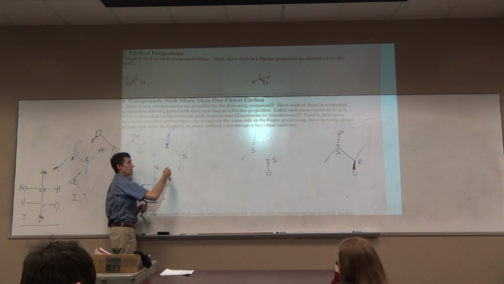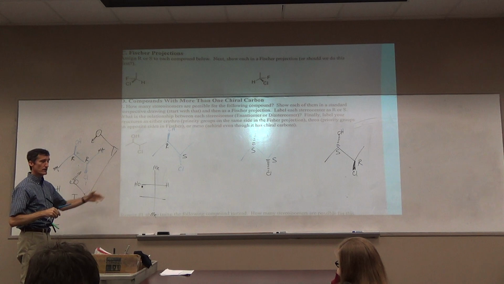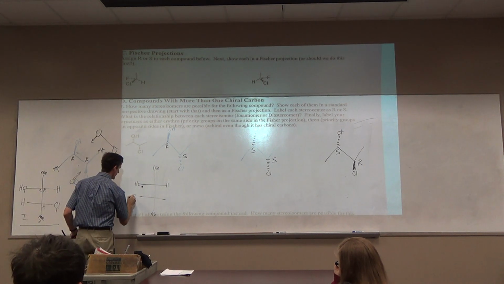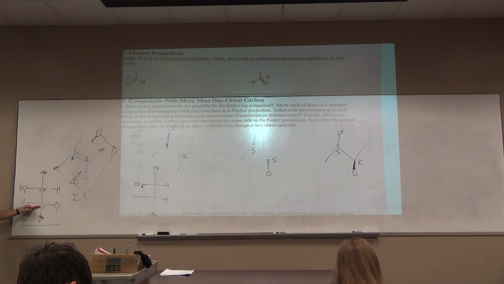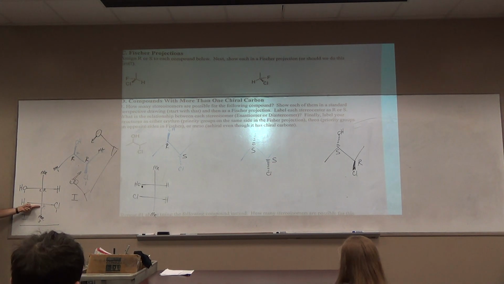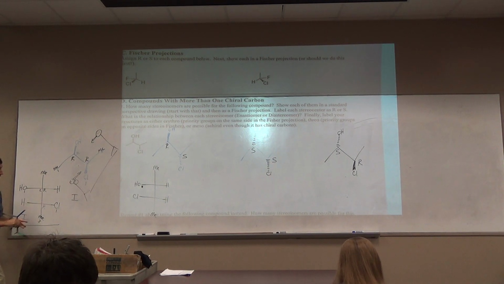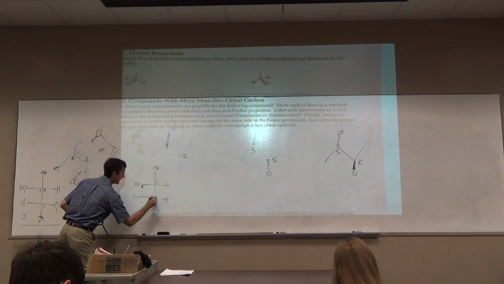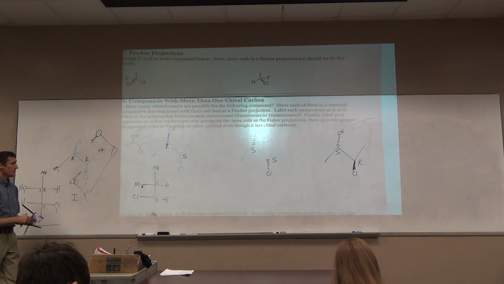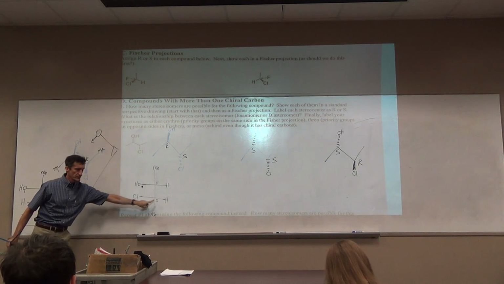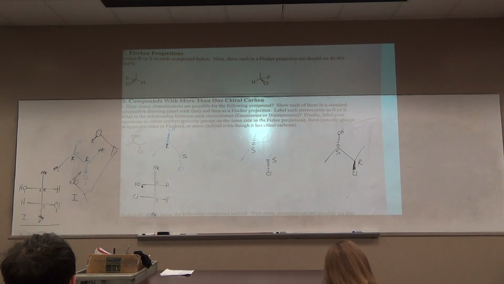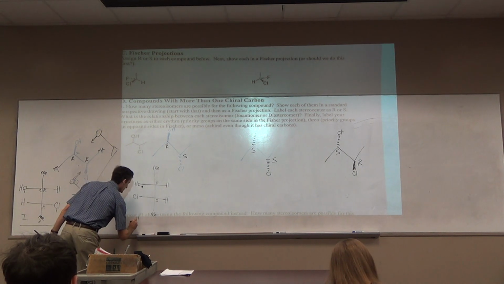The methyl going away, the chlorine's going behind the board. The methyl going away, chlorine's on the left. Which is different from this. Because this is R, where over here we've got RS, correct? And the Fischer, if you switch places, switch sides, you're going to go to the other configuration. That's Roman numeral 2.